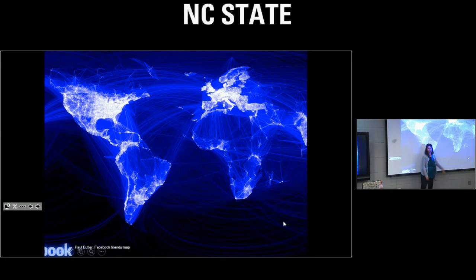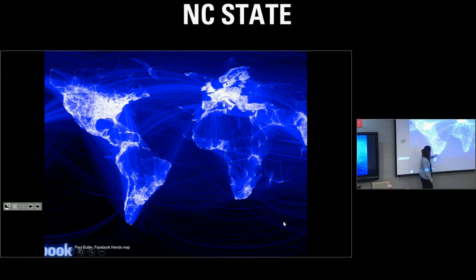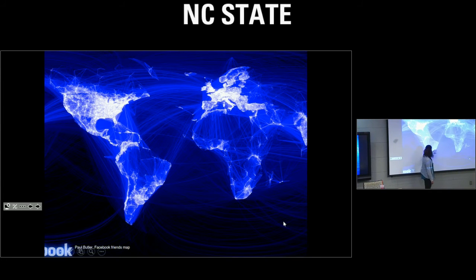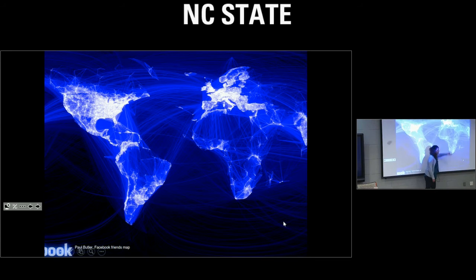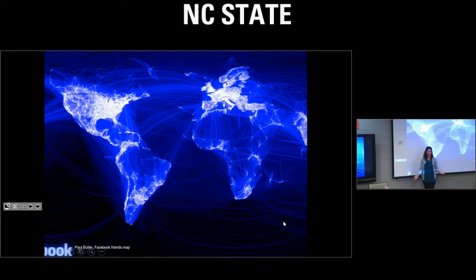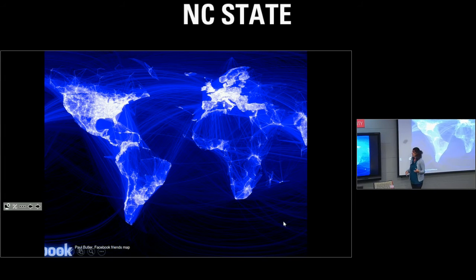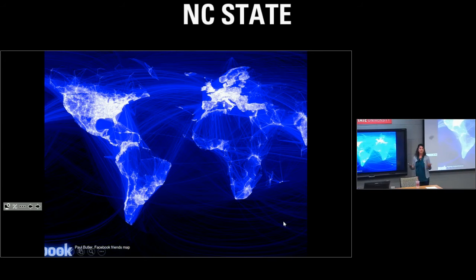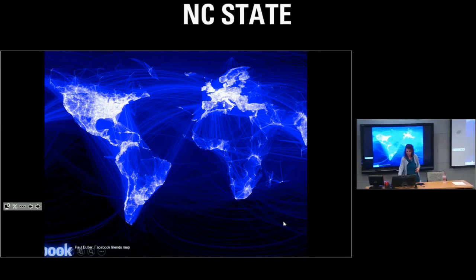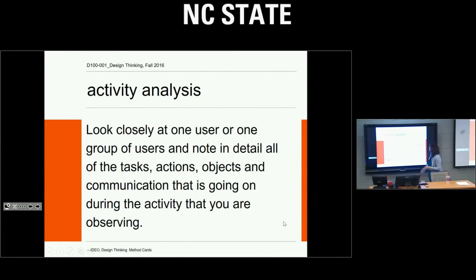It also gives you some indications, like, that's pretty interesting, I think this is Brazil, right? There's this area of Brazil that has a lot of connections to this area in Africa. What's that all about? So it can be a really interesting prompt for digging deeper and trying to understand what's driving those connections potentially.